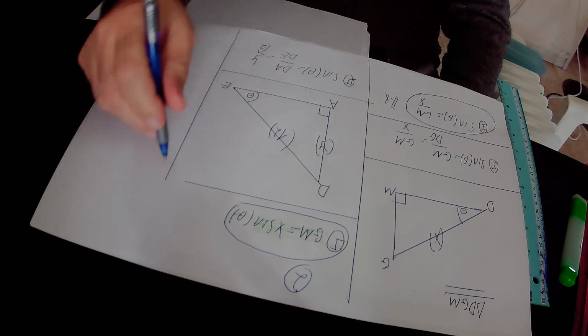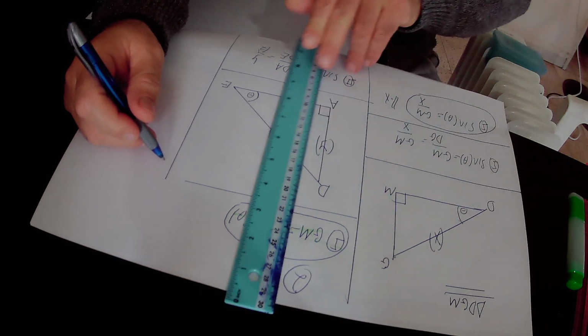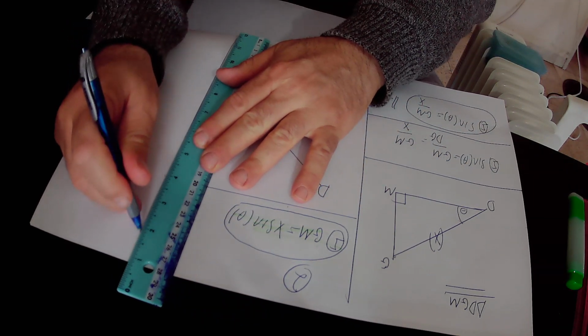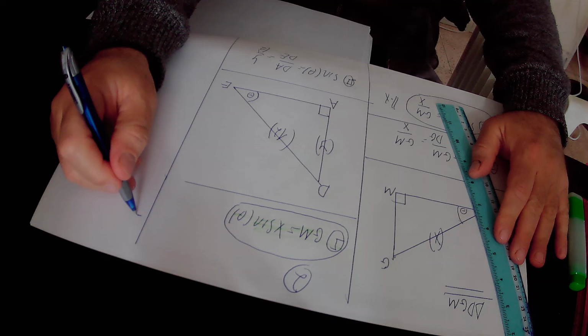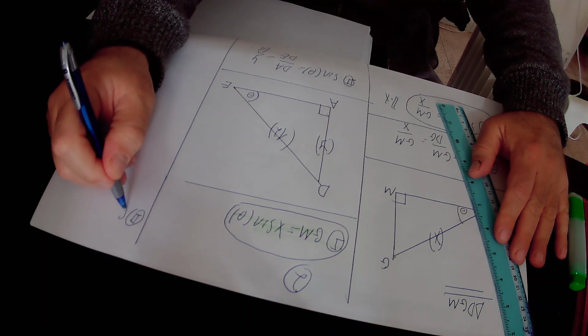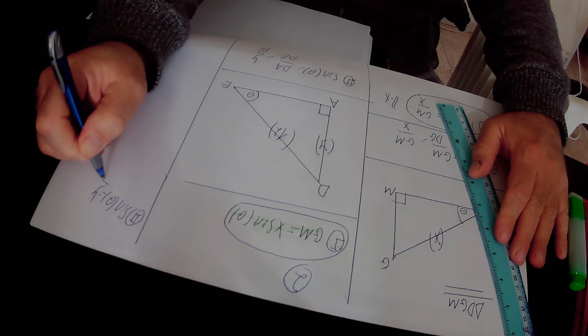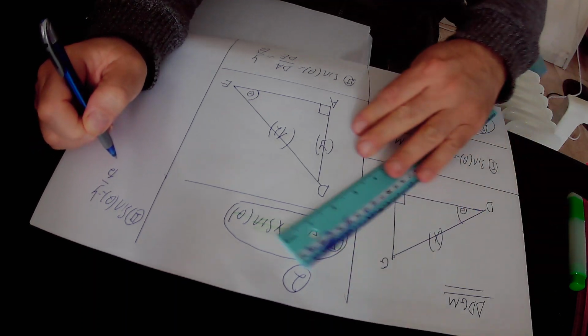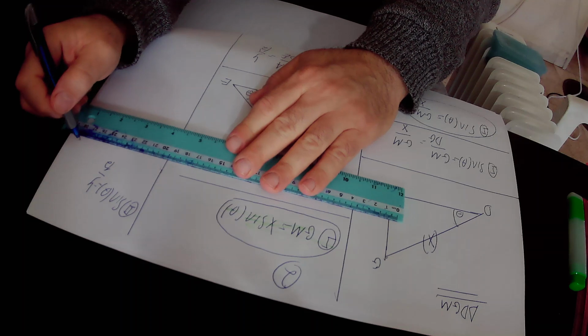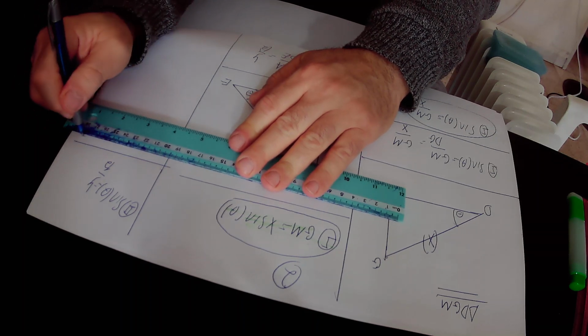So in total, according to equation 2, sine theta equals y over 12. This is according to equation 2.